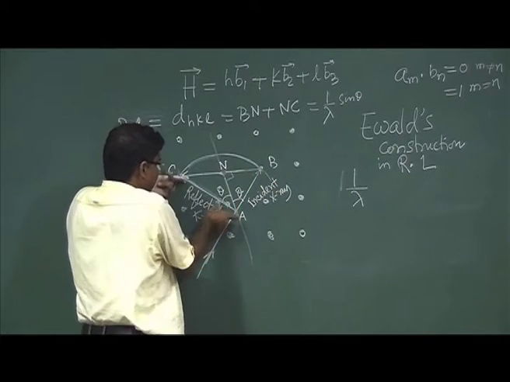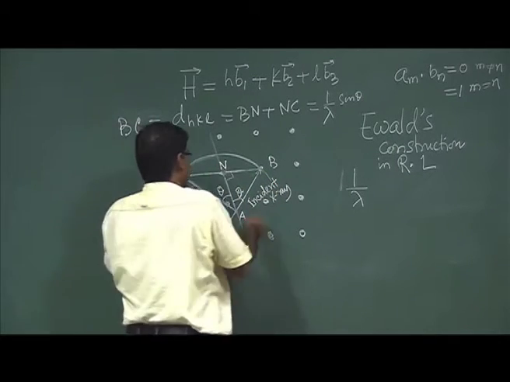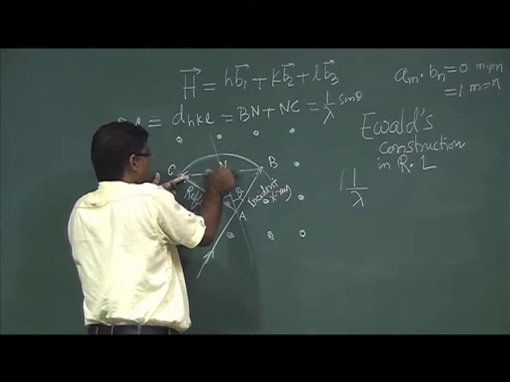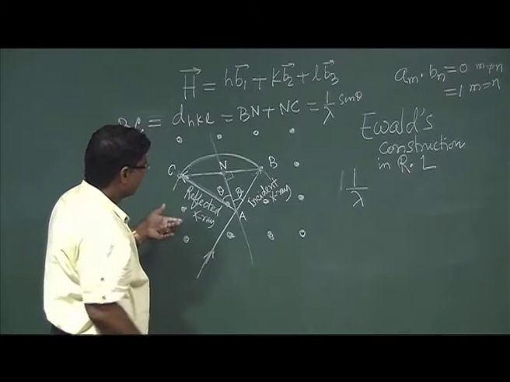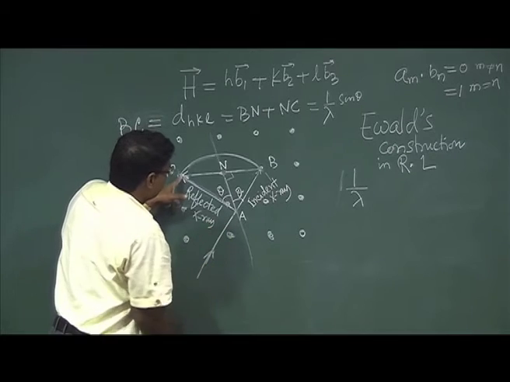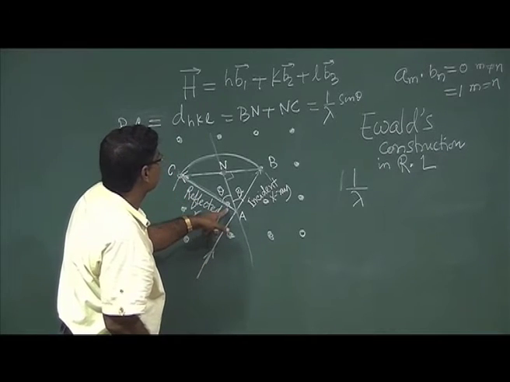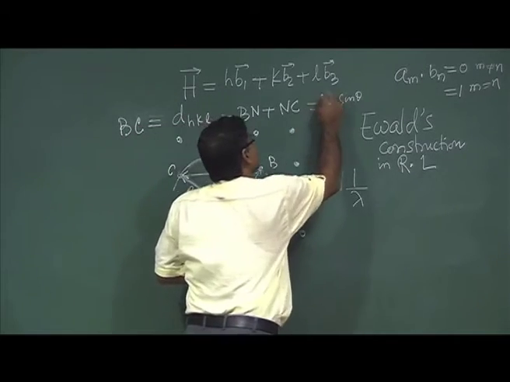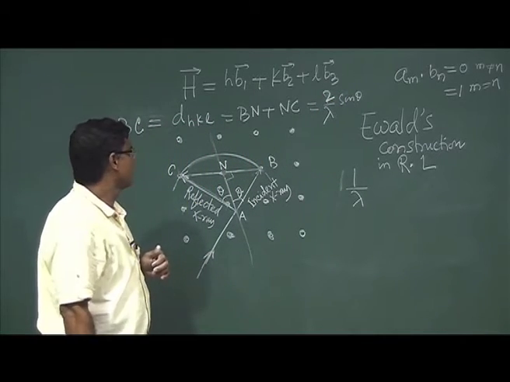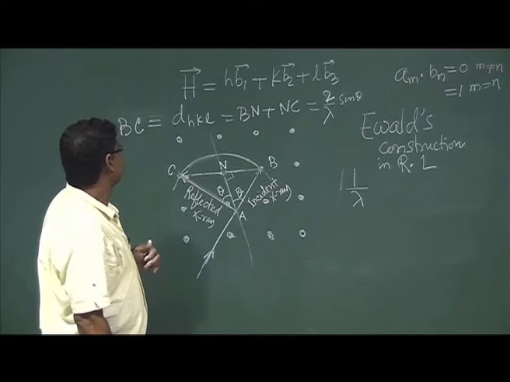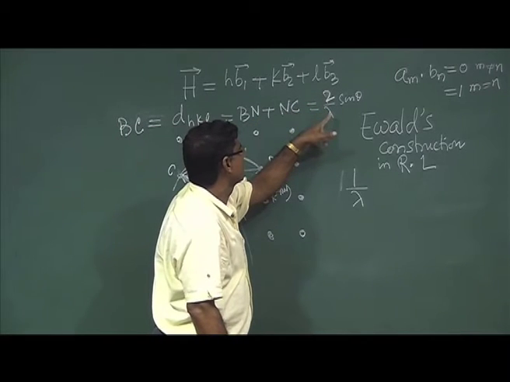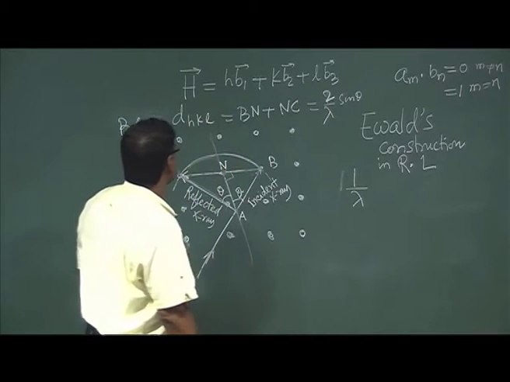And NC will also be 1 by lambda sin theta, because this magnitude and this magnitude are the same. So basically we can write 2 by lambda sin theta. So from here, d HKL equal to 2 lambda sin theta.